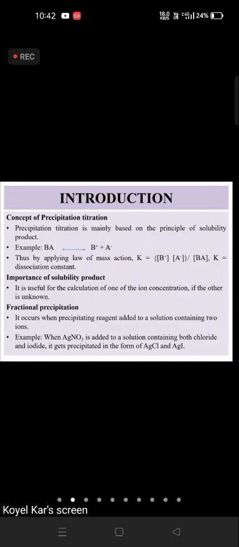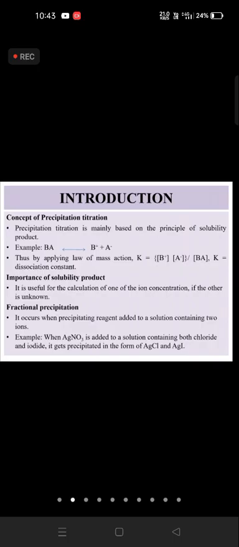If you apply the law of mass action to this dissociation of NaCl, the formula is K equal to Na plus into Cl minus divided by NaCl. Now we will consider that NaCl has dissociated completely, so we will consider NaCl as 1. So K equal to Na plus into Cl minus.